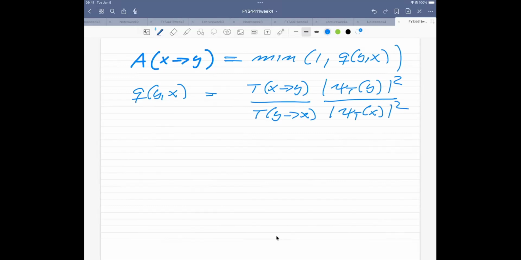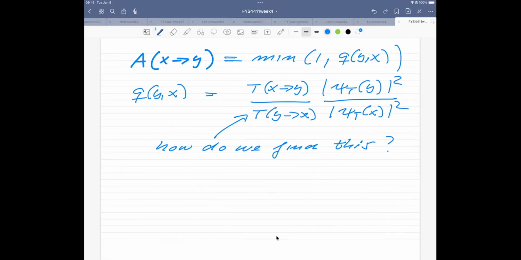So the whole question now is, how do we find this? Now, one way of doing that is to start with a diffusion equation.